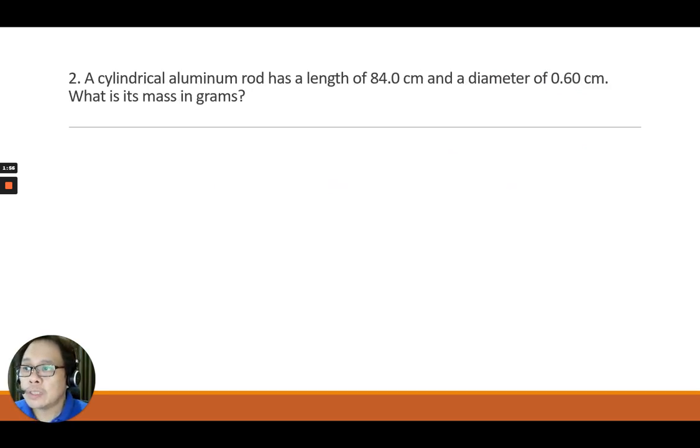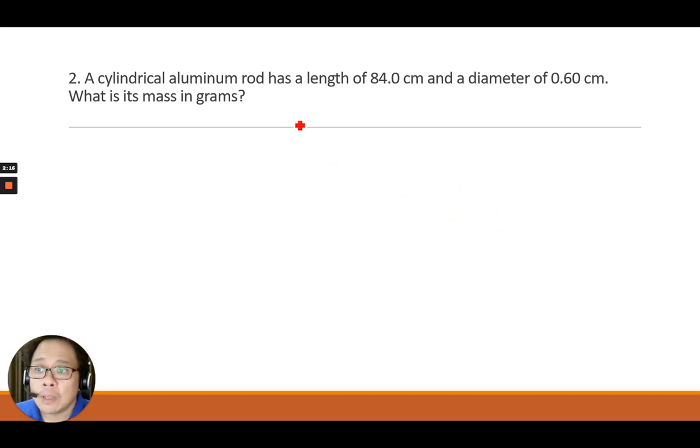Number two, a cylindrical aluminum rod has a length of 84.0 cm and a diameter of 0.60 cm. What is its mass in grams? You are expected to have your final answer in grams, CGS units.